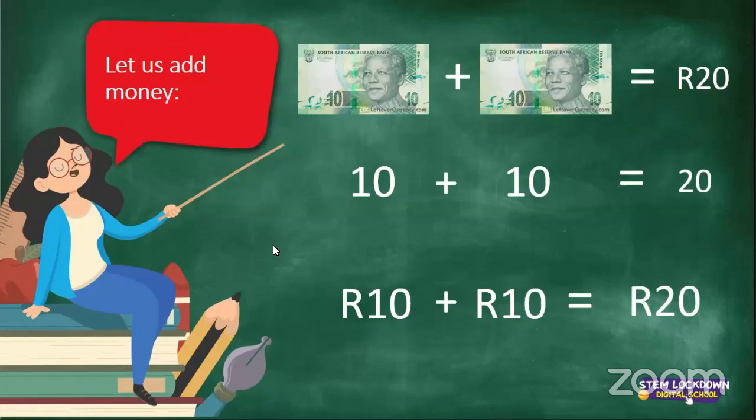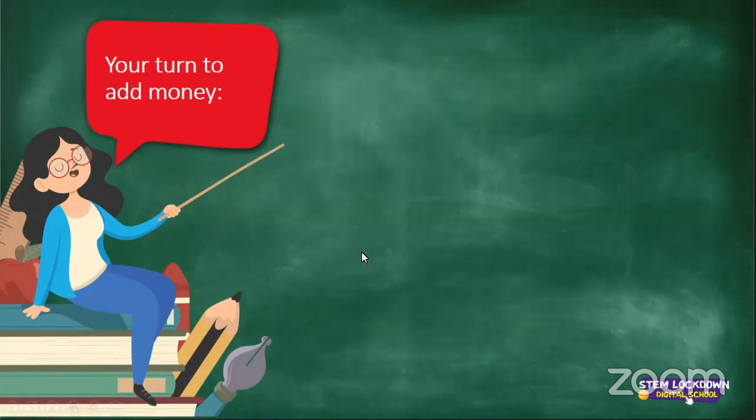Good. Well done. Nice. Don't forget, working with money, so you need to put the capital R in front of your numbers. Otherwise, we're not doing a number sum. Remember, we're learning about money.